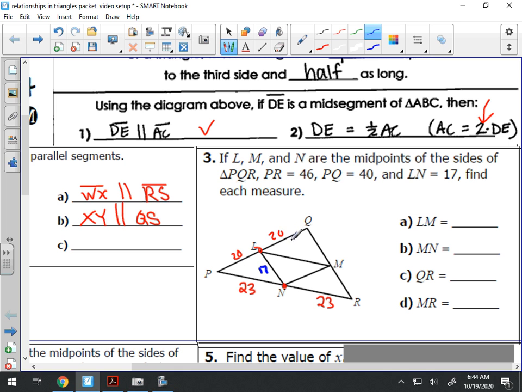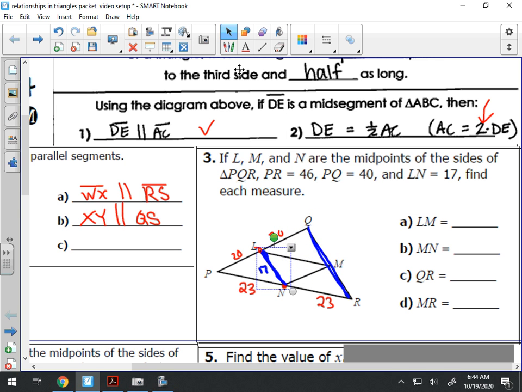Find each measure. Okay, so I know this guy right here, mathematically, and this thing right here, that 17 has to be half the size of this. So in all reality, look at this. See this blue line here? This is going to be the same length as that part.